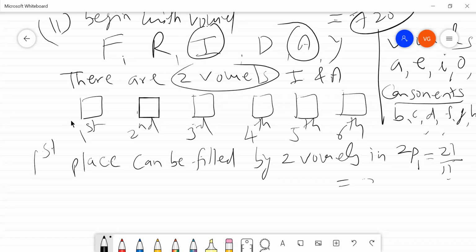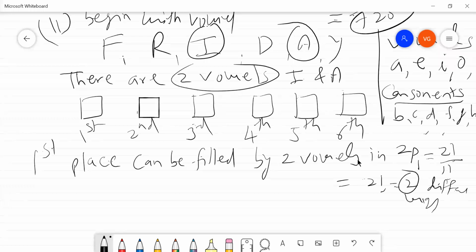So the answer will be 2 factorial, that is 2 into 1. So two different ways. That means to fill the first place, I have got two choices. Either the first place can be filled by I or by A. So to fill the first place, I have got 2P1 different ways.